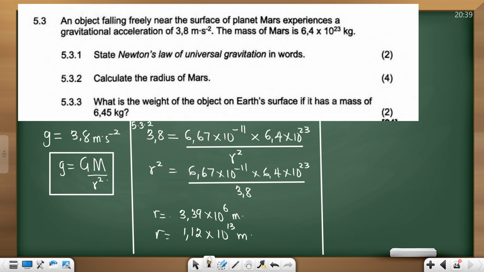Some people are not even talking to me at all. Yes, Ribotile? I'm getting 1.12 times 10 to the power 30. But when I put it under the square root sign, then I get 3.39 times 10 to the power 6. Guys, are we finding the square root though? It's r squared.